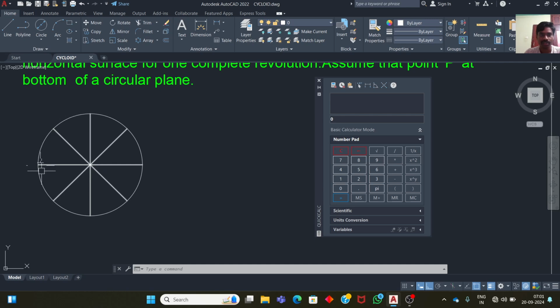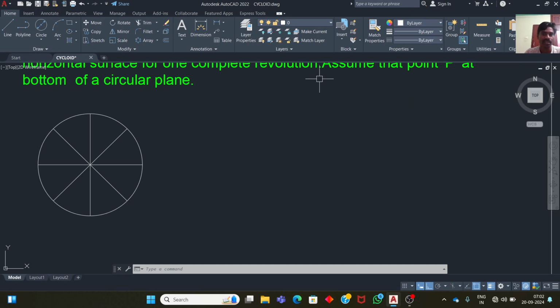For finding circumference, we have a formula, that is 2 pi r or pi into d, where d means the diameter of the circle. The diameter of the circle is 50 mm. So pi into d equals 157.07. Roughly we can take 157 as the circumference of the circle.